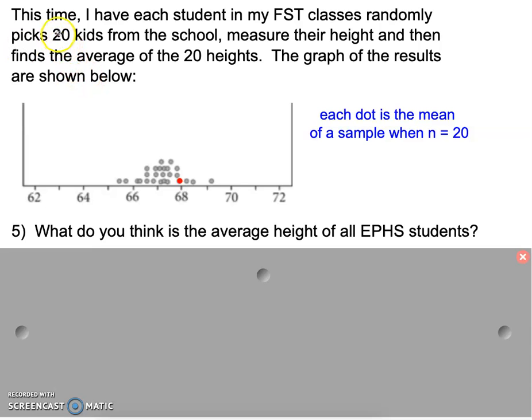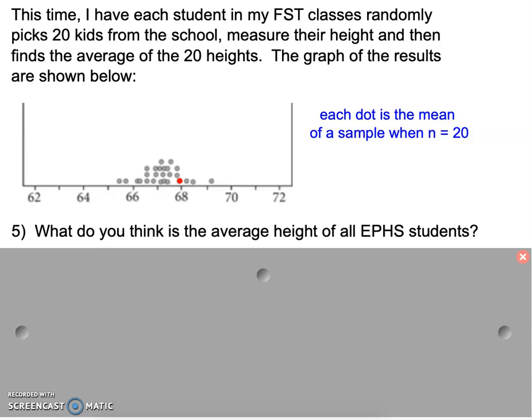Okay, this time I have my students go out and randomly pick 20 kids from the school, measure the heights, and then find the average of the 20 heights. For a second here, pause the video. What does that red dot above the 68 represent? Pause and come back.